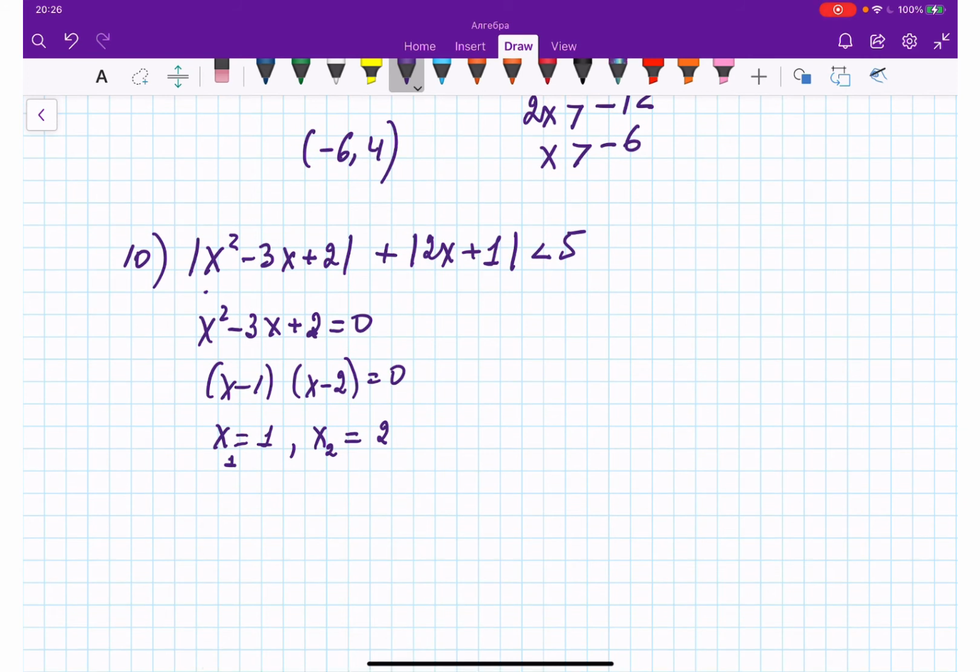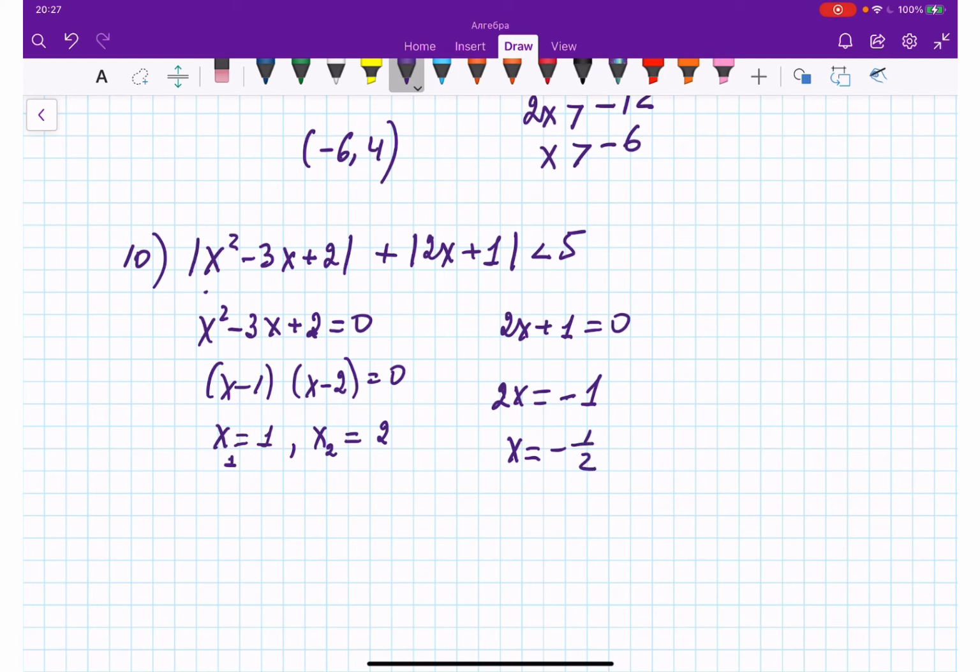That's the first one. And the second one, 2x plus 1 equals 0. 2x is equal to -1 and x is equal to -1/2.